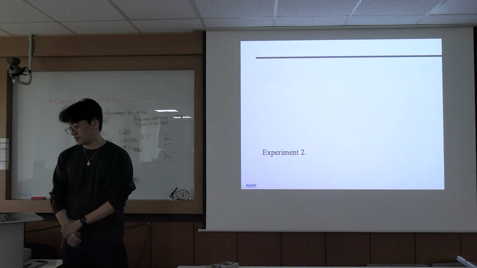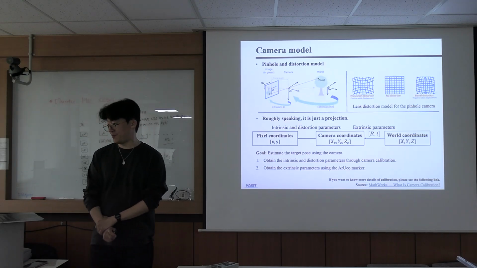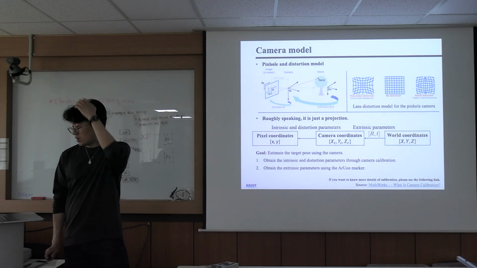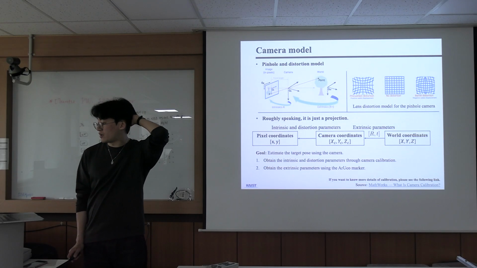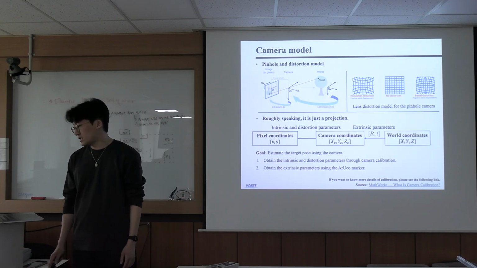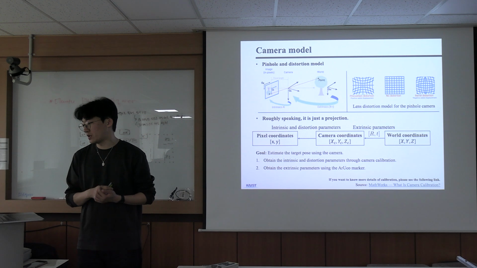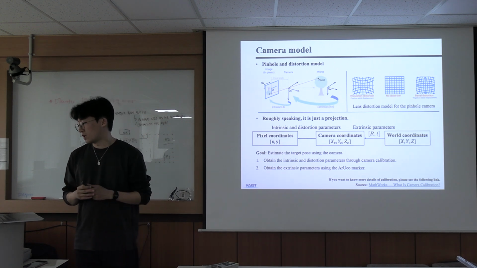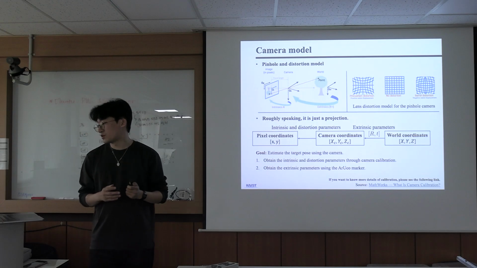So I'll briefly introduce experiment 2. In the lecture video, we look at the pinhole camera model, which includes extrinsic and intrinsic parameters included in the distortion model, which are used for image projection.